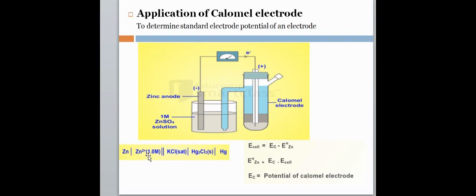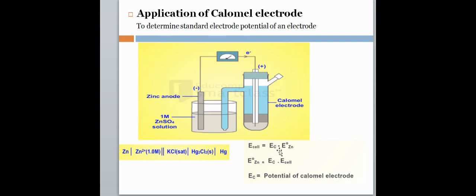So Zn, Zn2 plus, two lines, KCl saturated, one single line Hg2Cl2 solid, and slash Hg. So when you see something like this, it means we are using which electrode? Calomel electrode. So how do I find out the cell potential or the electrode potential?